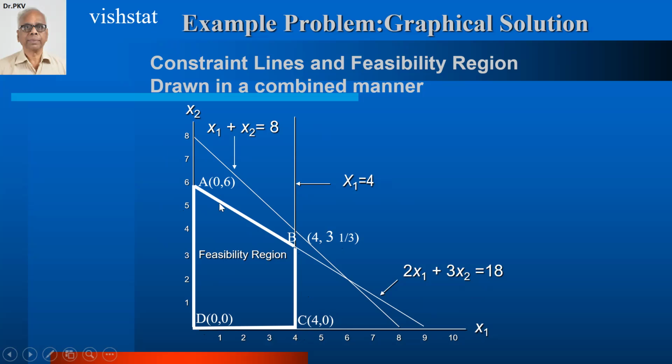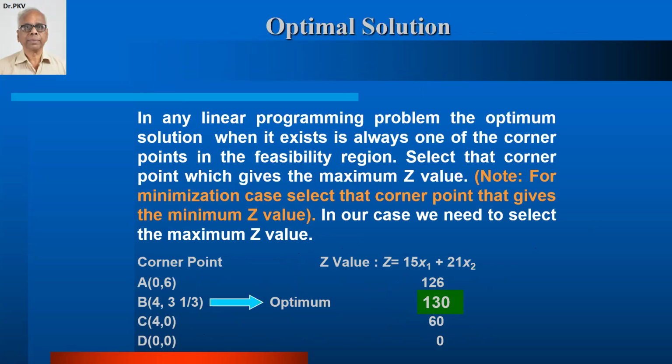Therefore, any point in the feasibility region will be a solution to the linear programming problem. But what is the optimum solution? In a linear programming problem, the optimum solution, when it exists, is always one of the corner points in the feasibility region. Select that corner point which gives the maximum Z value.